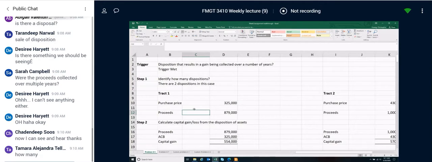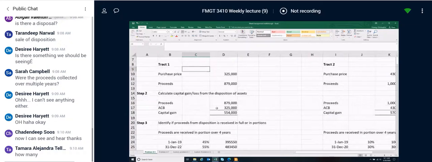Okay, so in this case there aren't any deemed dispositions, so now you can just go right into this, right? And again, you had to have a gain. So the first step is you need to calculate the gain from the transaction. So in the first case, they tell you that was 879 was the offer, and the ACB is 325. For the second one, all right, so that's 554 as a gain.